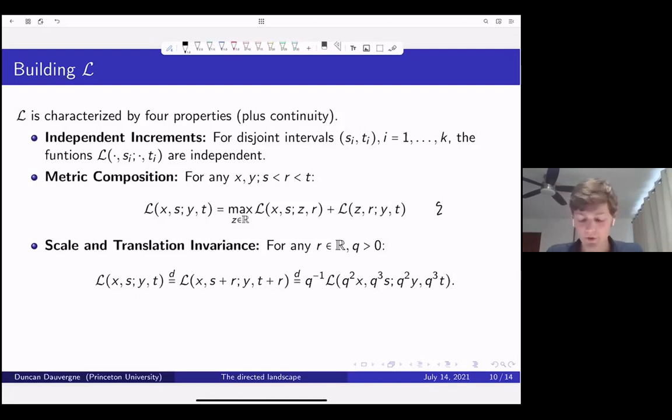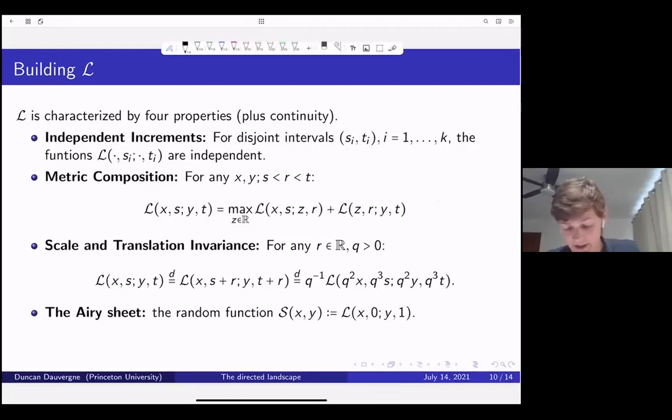Continuing the analogy, the directed landscape is completely determined, once you have these three properties, by its distribution of the increment from time 0 to time 1, just as Brownian motion is determined by the normal distribution. Analogously, L is determined by its distribution going from time 0 to time 1. And this object is the Airy sheet.